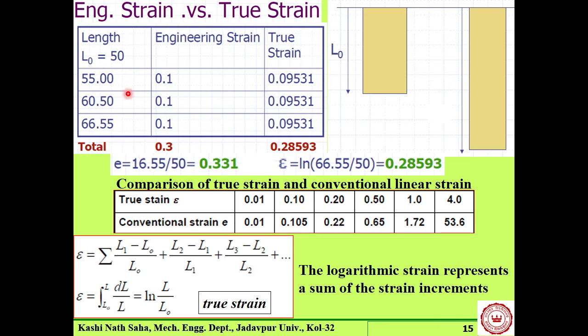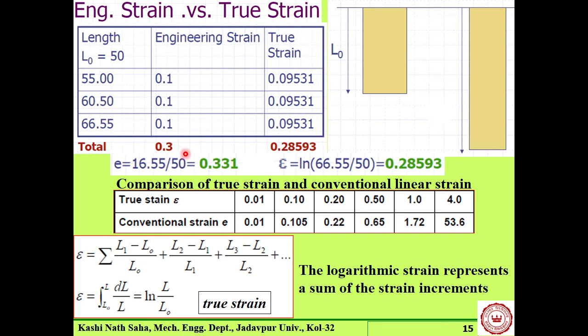Here the length changes from 50 to 66.55, so 66.55 minus 50 is 16.55, and 16.55 by 50 is the engineering strain, 0.331.